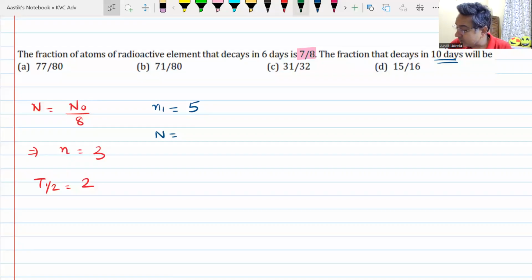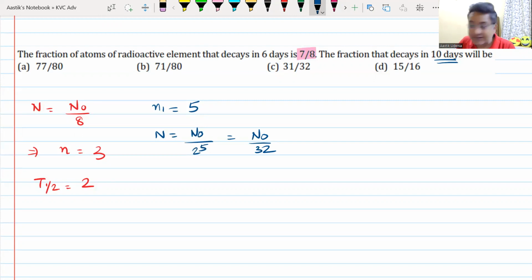It will be 31 N0 by 32. I hope everyone has understood this. So the number that has decayed is 31 by 32 times N0. Everyone understands this?